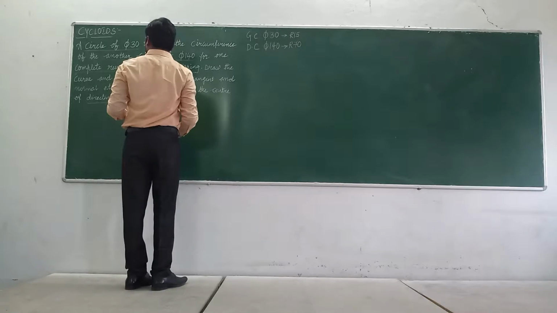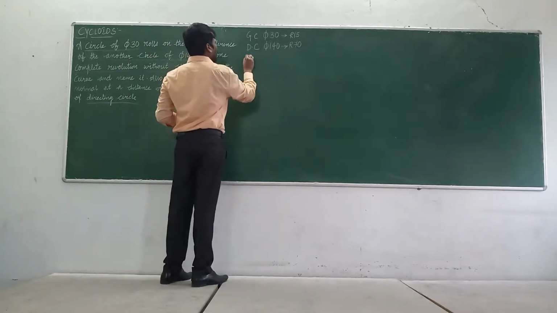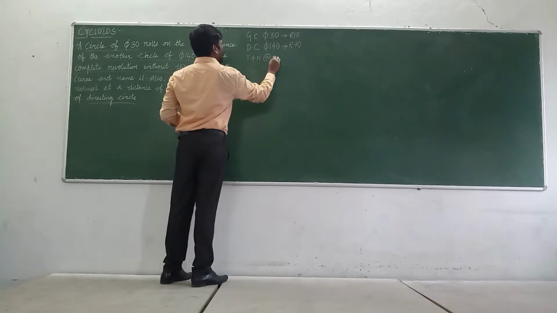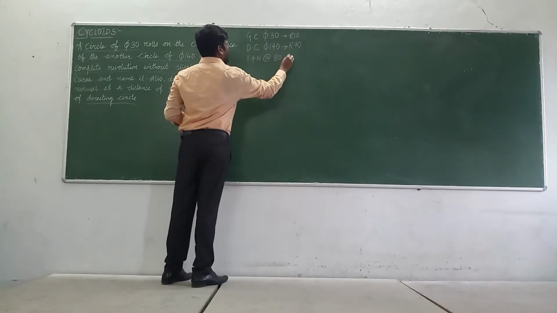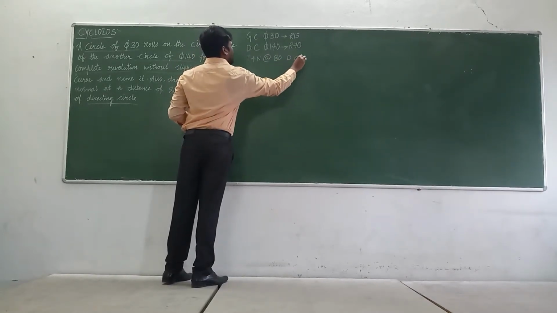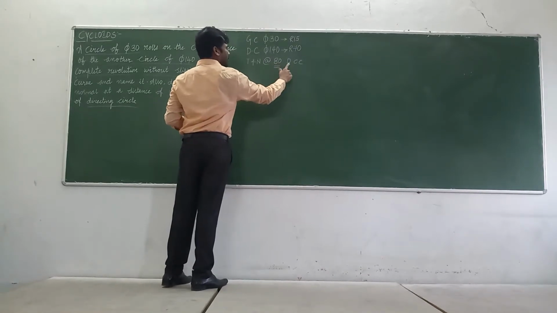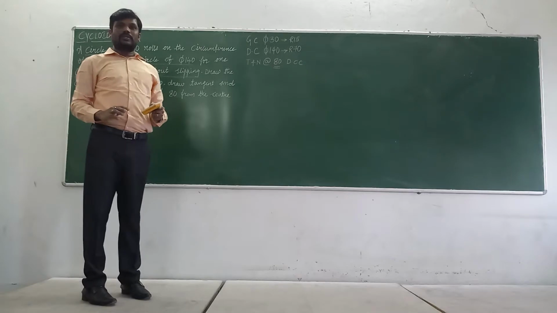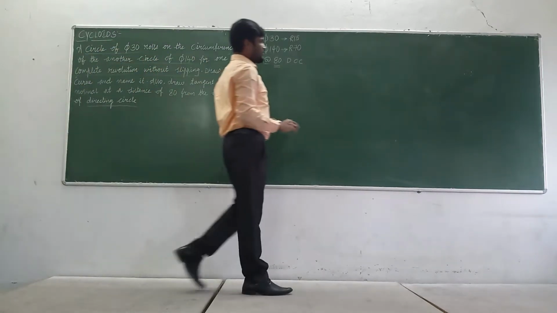What else is given in the question is to draw tangent and normal at a distance of 80 from the directing circle center. This is what we are going to work out in today's class.